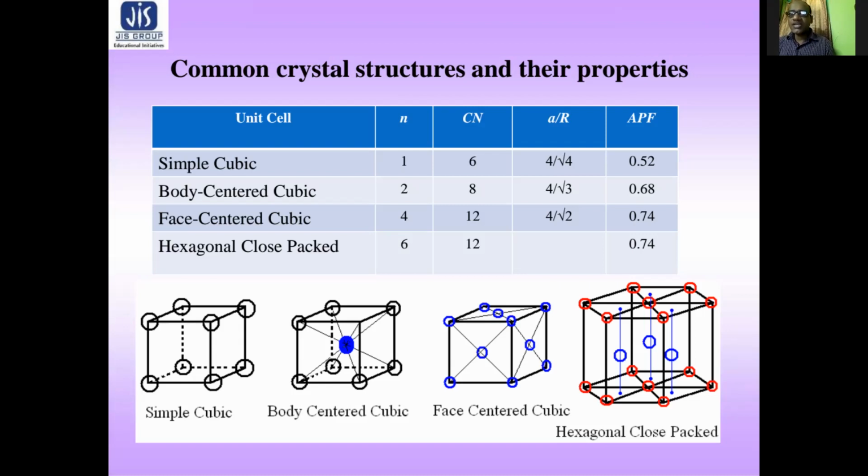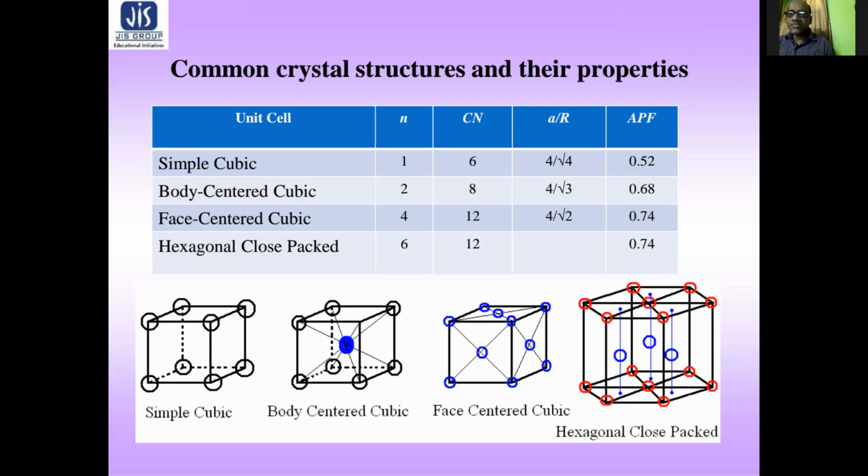While calculating the APF, that will give us 0.68. For face centered cubic, the small n, that is the effective number of atoms in a unit cell, is 4. In this face centered cubic, 8 corner atoms are there, shared by 1 by 8 of a unit cell, and on all faces, there are atoms shared by half of the corresponding 2 unit cells.